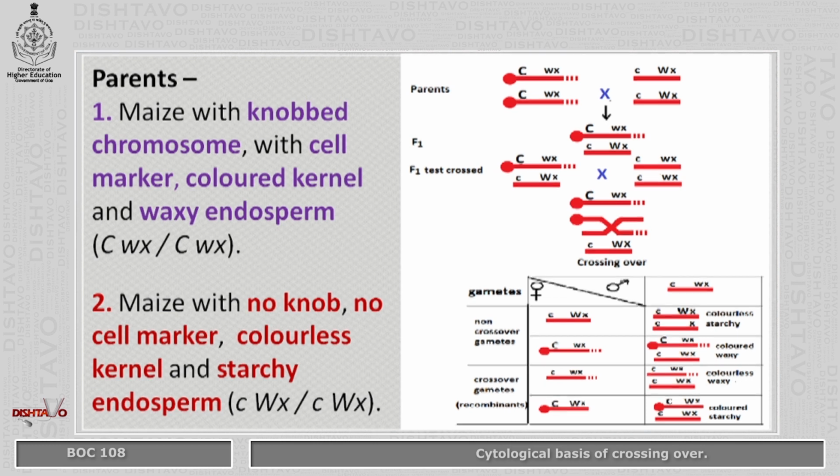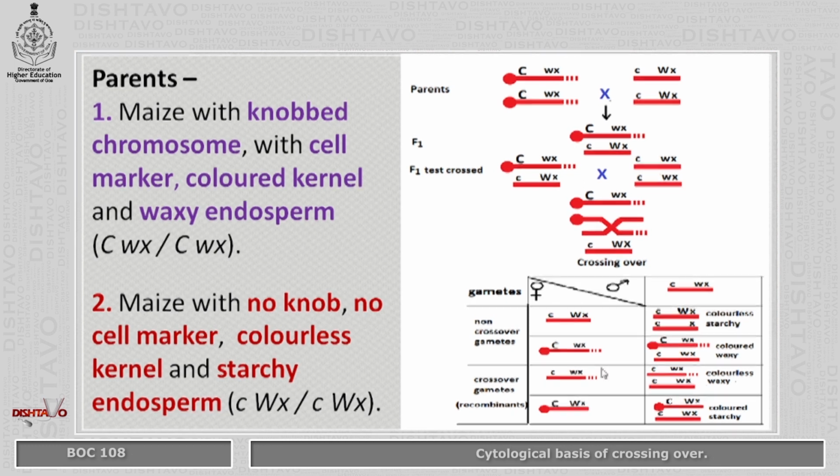When these F1 plants were test crossed with the completely recessive parent, that is, maize plants with colorless kernel and waxy endosperm, it was observed that the F1 heterozygotes produced two types of gametes: the non-crossover gametes, which were again of two types, and the crossover gametes.